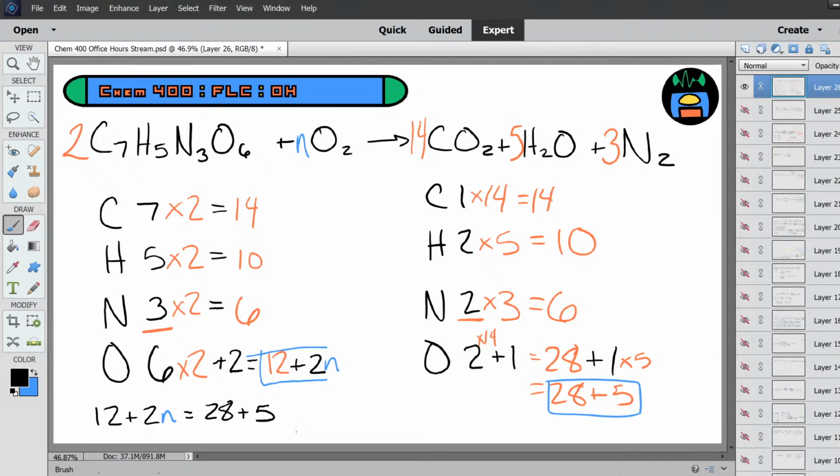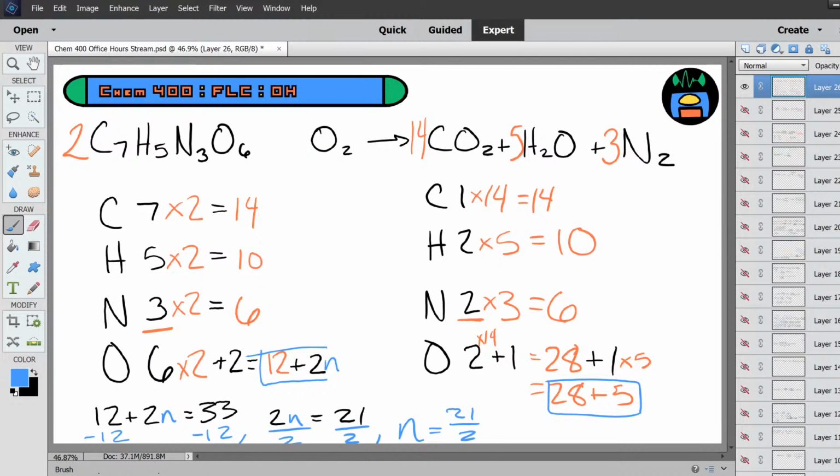All right, which is 33, right? So we're going to subtract 12 from both sides. And we're going to find that 2 times the number that we need to multiply O2 by is equal to 21. Divide both sides by 2, and we get a value for n. n is 21 halves.